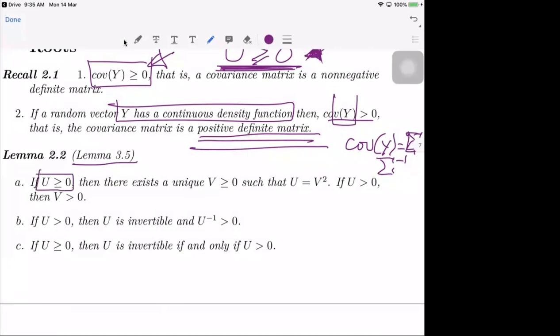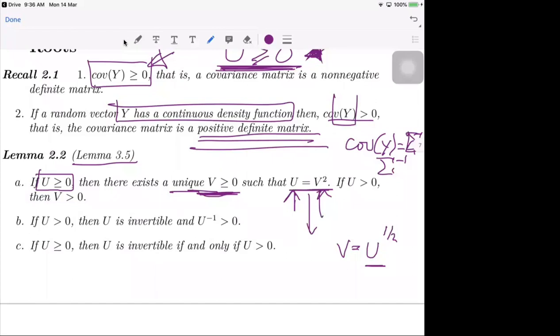If a matrix is non-negative definite, then there always exists a unique V such that U can be expressed as V squared. What this lemma is telling you is that V can be expressed as the square root of your non-negative definite matrix U, so you can take the square root.